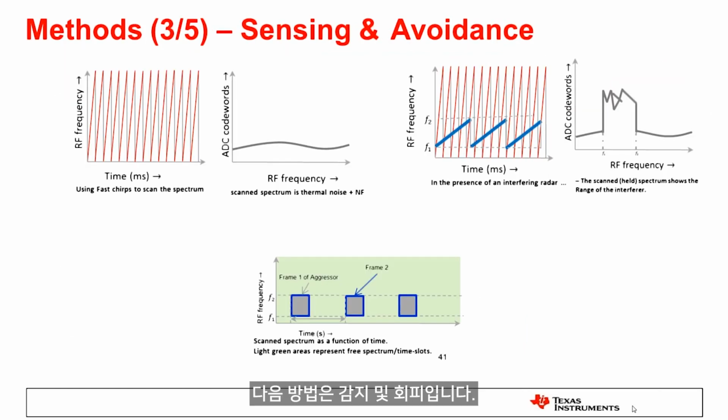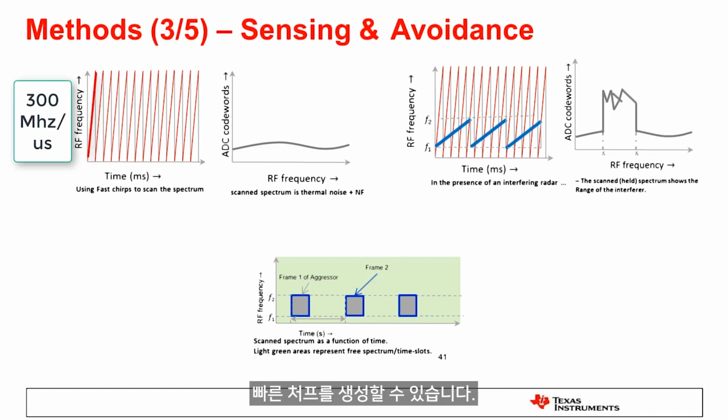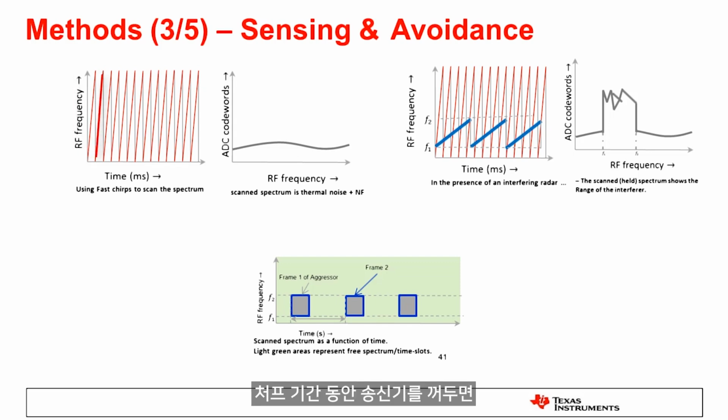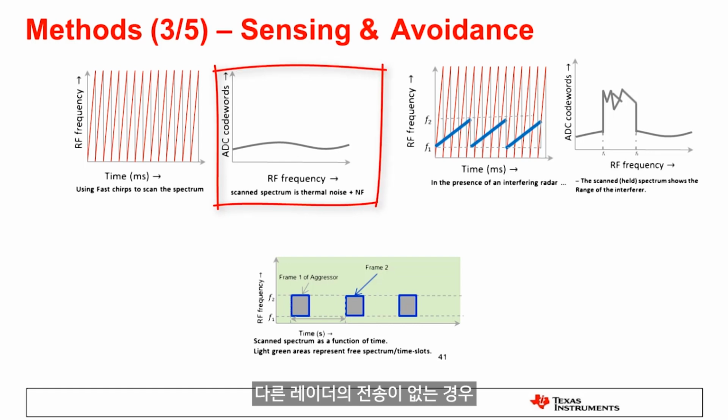The next method involves sensing and avoidance. In the absence of synchronization, we can perform sensing and avoidance. The XWR devices can generate fast chirps of the order of 300 MHz per microsecond. If we keep the transmitter off during the chirp period, the ADC data corresponds to the spectrum. If there were no transmissions by other radars, the spectrum would be silent.